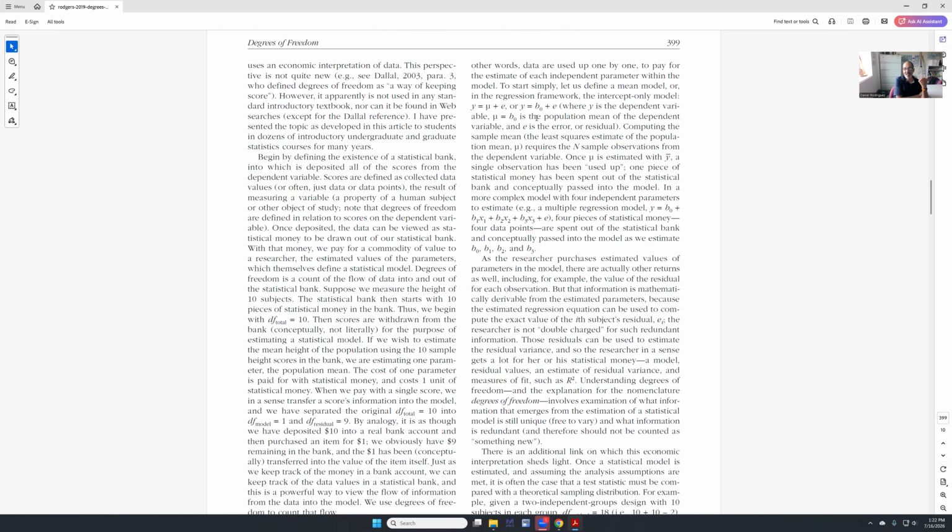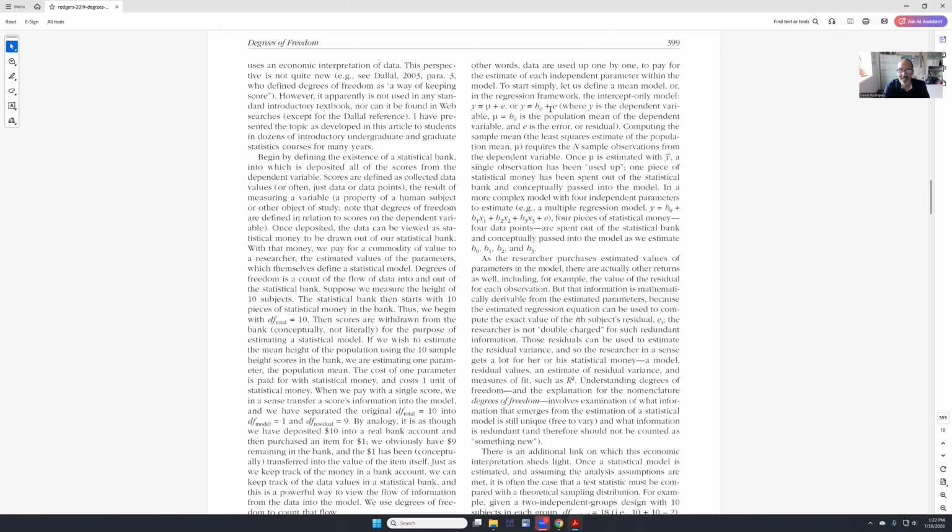So where I started out with $50, or would we say 50 degrees of freedom? Why degrees of freedom? Because those 50 individuals can be any value possible, right? So now we're going to take one of them and we're going to fix it to be our population mean value. We're going to take one of those values, and whatever that value is, so let's say it's 20, then our population mean can be 20, right?